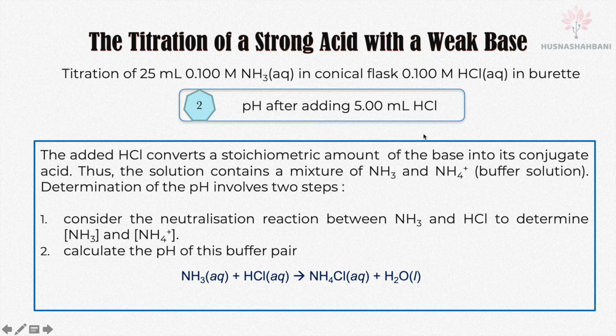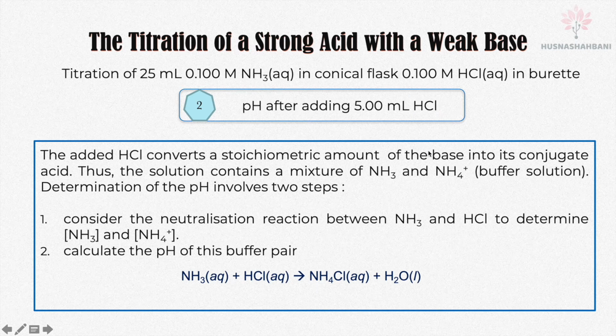base reacting with strong acid, so a neutralization process occurs. For the neutralization process, we need to calculate how many moles of NH3 react with how many moles of HCl to know what's left after the neutralization reaction, because we need to calculate the pH. You can't calculate the pH for each of NH3 and HCl.